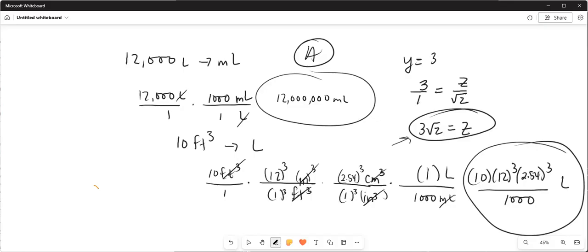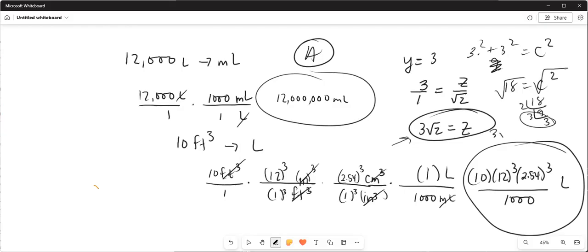So you did 3 squared plus 3 squared equals c squared. So this would be 18 equals c squared, right? If you take the square root, all you have to do is simplify this. 18 is 9 times 2, 3 and 3, right? So that's 3 square roots of 2. Do you remember how to do that now?